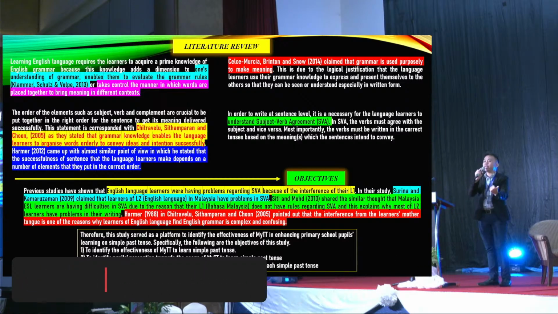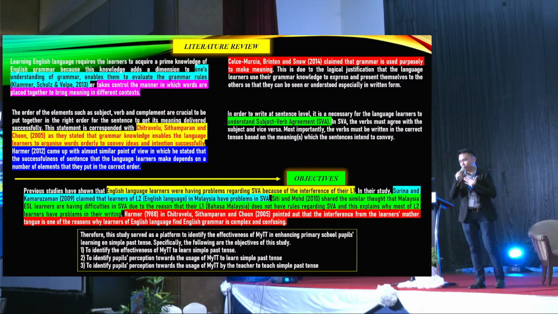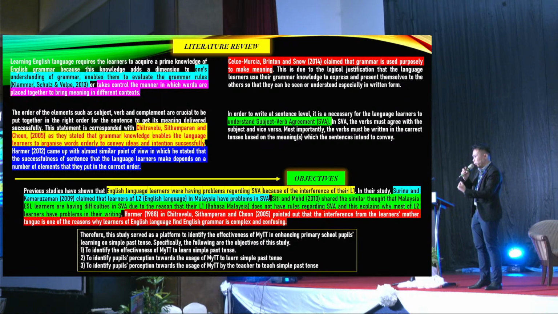The first one is to identify the effectiveness of MyTT. The second one is to identify pupil perception. How do pupils think about this MyTT and the usage of MyTT to learn simple past tense. And last but not least, number 3, to identify pupil perception toward the usage of MyTT by their teacher, which is by me, myself. Next slide, please.